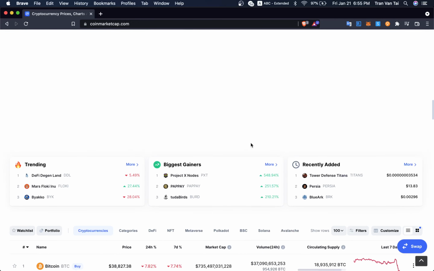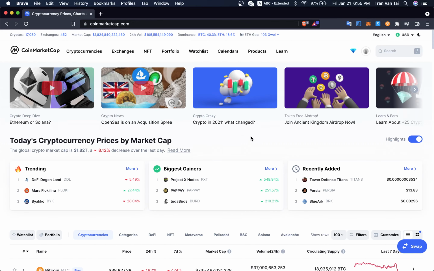And one of my favorite things to use with CoinMarketCap is the watch list.